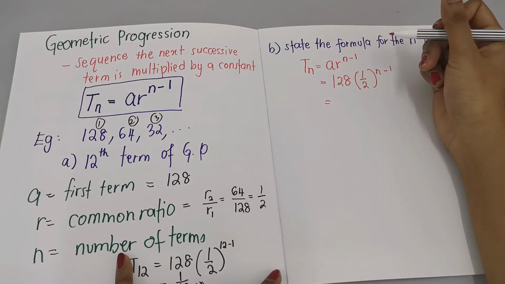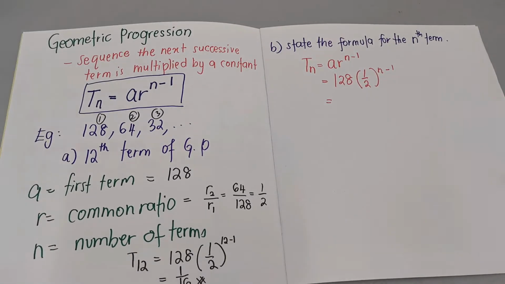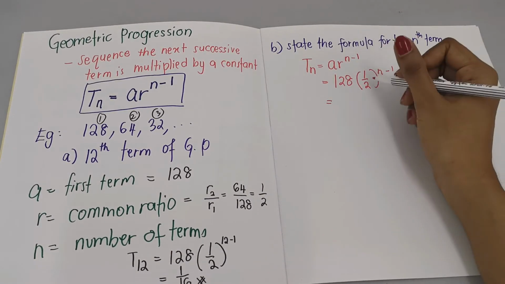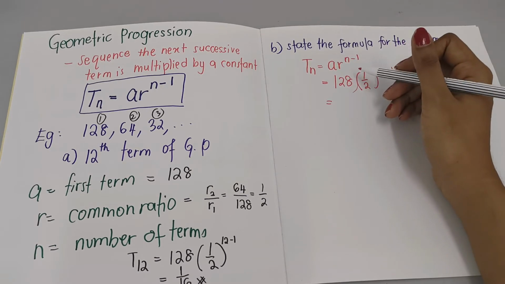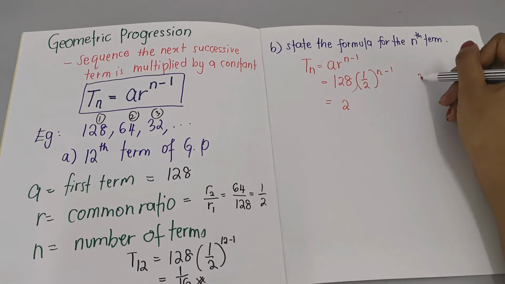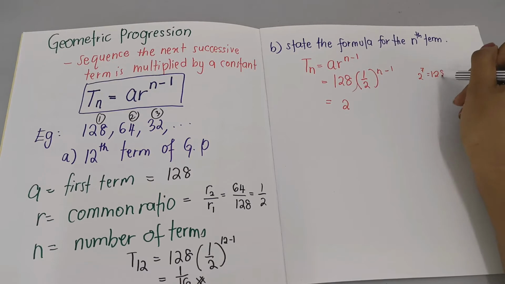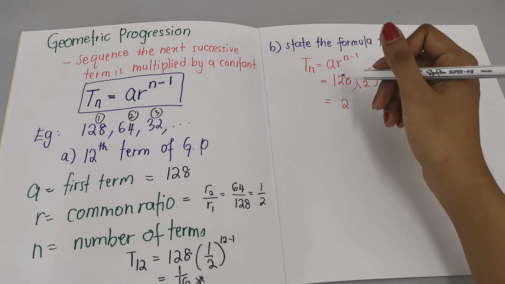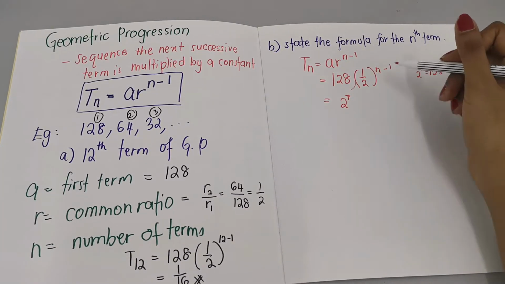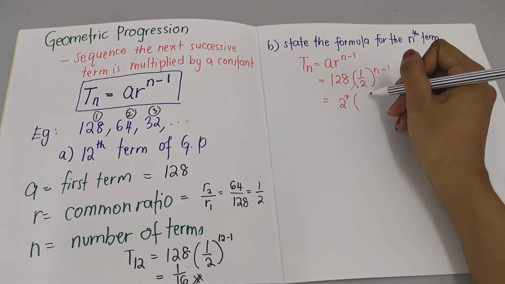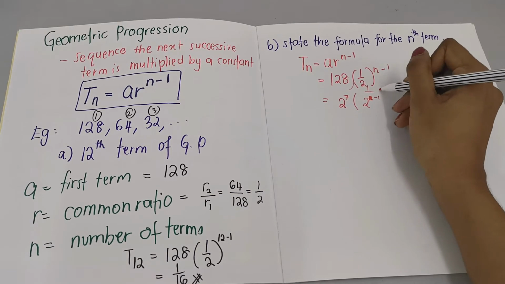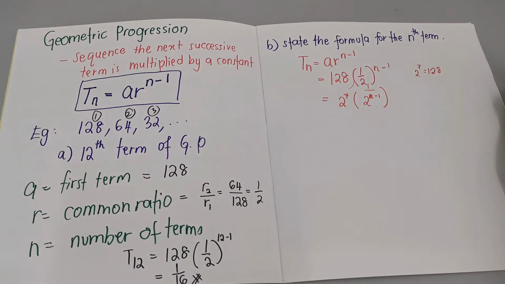So here we can actually simplify this. How do we simplify? Change all these to base 2, meaning that we change 128 to base 2. So 2 to the power of what is 128? 2 to the power of 7 is 128. So we change this to 2 to the power of 7. And here becomes 1 over 2 to the power of n minus 1, because we multiply in the power.